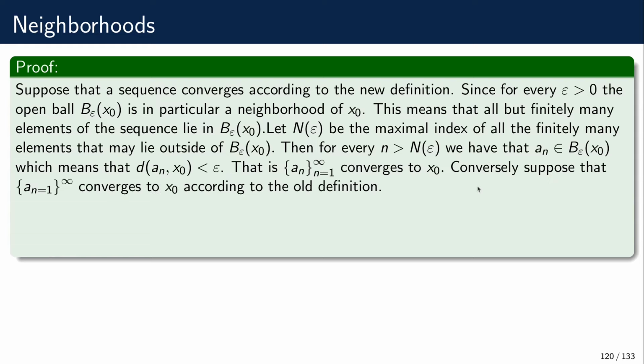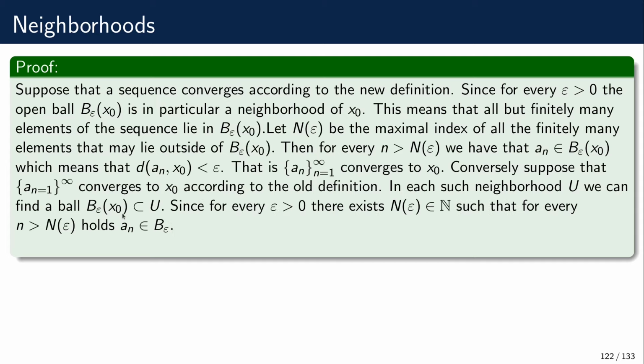Now conversely, suppose that this sequence converges to x0 according to the old definition. Then in every neighborhood we can find a ball of radius epsilon around x0, because a neighborhood is something that contains an open set that contains x0, and an open set necessarily contains an open ball of some radius.